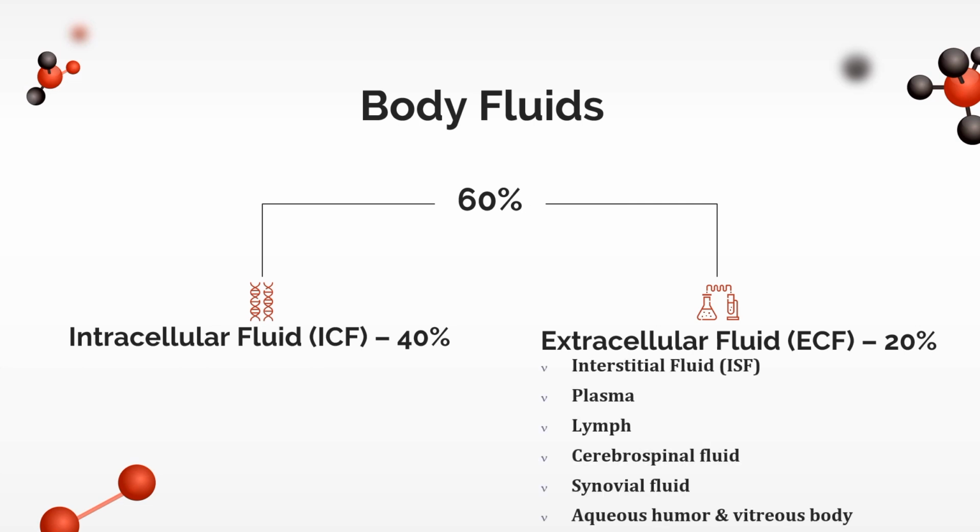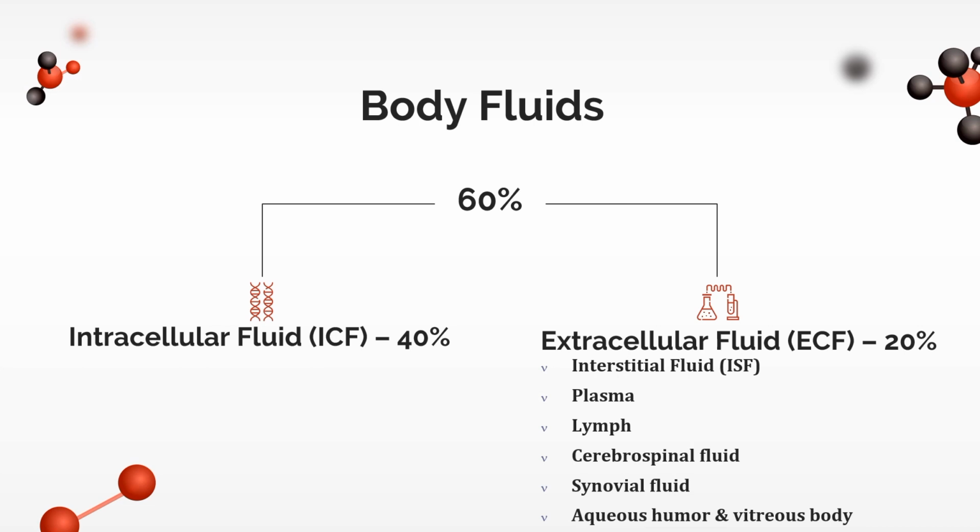The extracellular fluid that fills the narrow spaces between cells of tissues is known as interstitial fluid. The extracellular fluid within blood vessels is termed blood plasma. ECF within lymphatic vessels is called lymph.